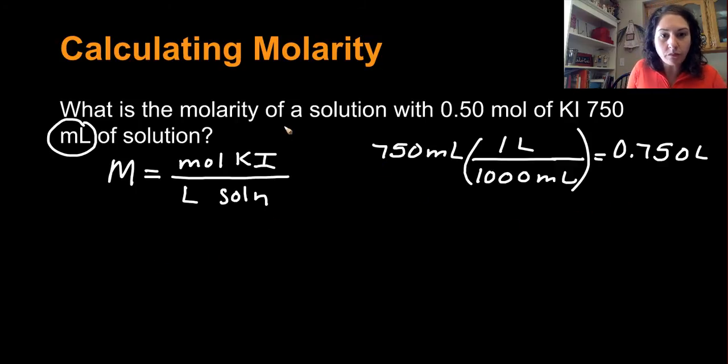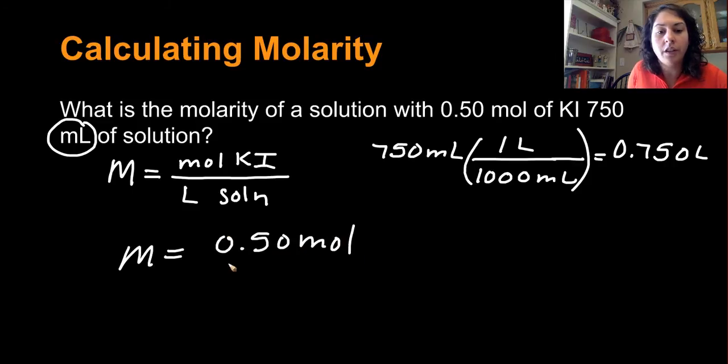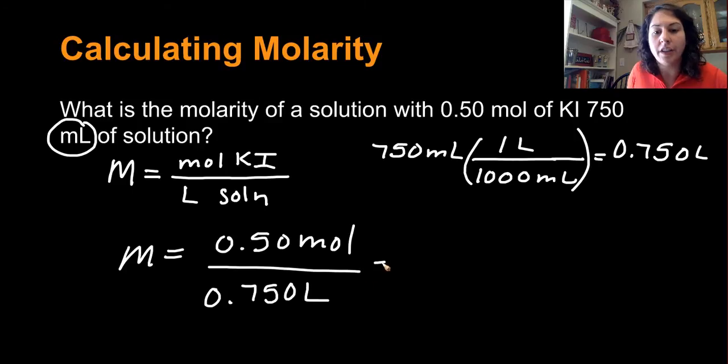Now we plug our values in: molarity is equal to 0.50 moles divided by 0.750 liters. When we calculate that value out, we get 0.67 molar. It should be 2 sig figs because this value had only 2 sig figs.